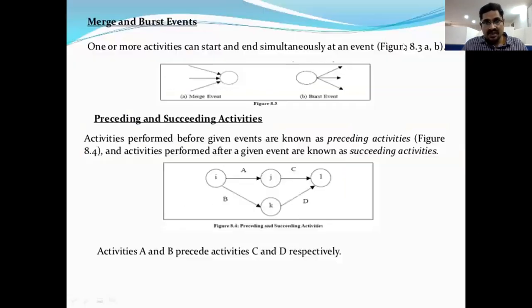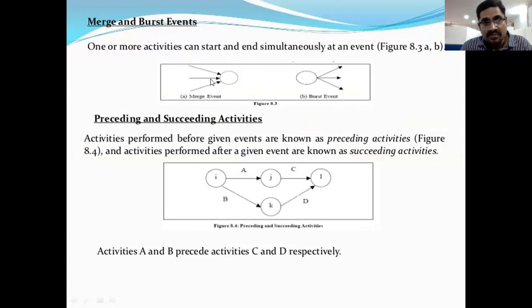Coming to the next slide, one or more activities can start and end simultaneously at an event. Here we have two types: merge event and burst event. These are three different activities.